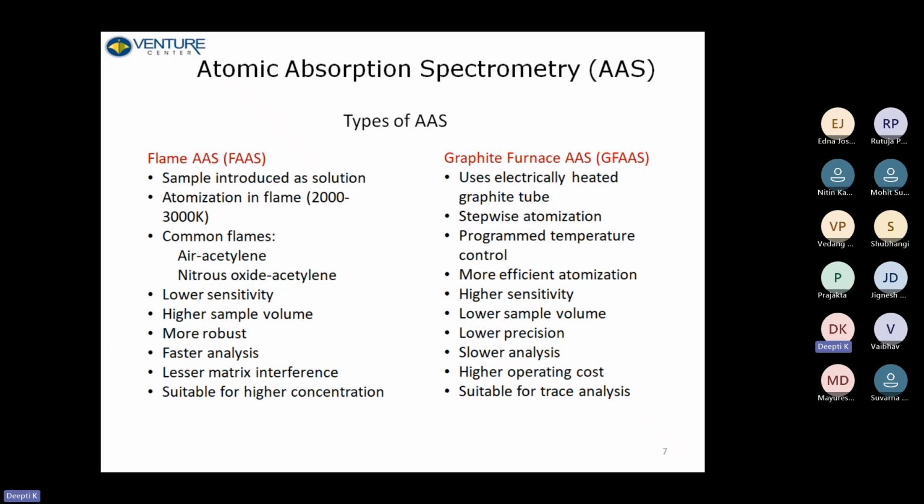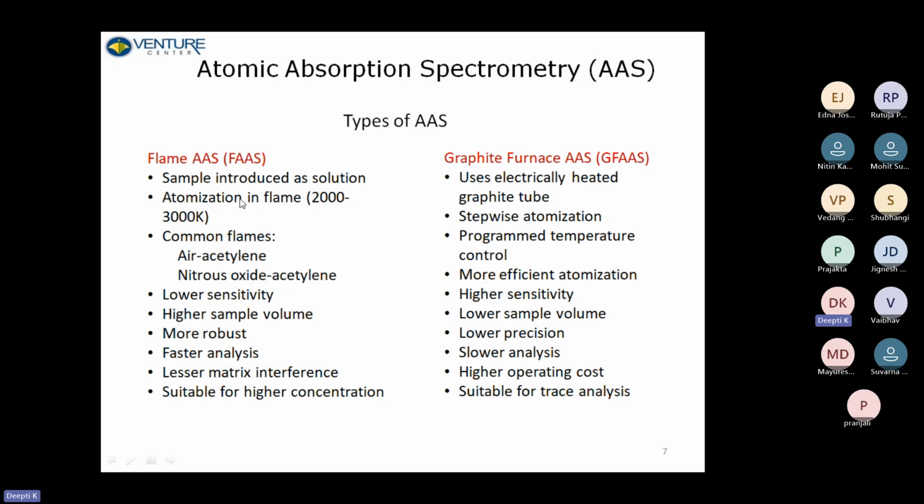As opposed to graphite AAS, here we do not have any acetylene flame. An electrically heated graphite tube is used. As a result, atomization can be done in a stepwise manner. Hence, it is more efficient. So the sample will undergo atomization in a stepwise manner.